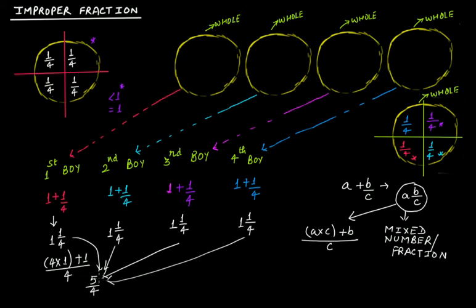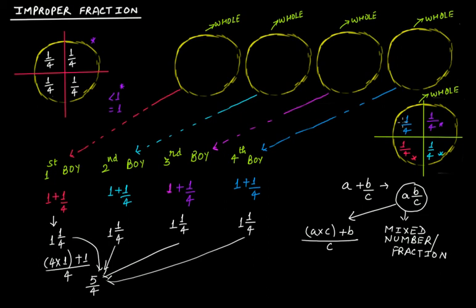Now what does 5 by 4 pizza actually mean? It tells you that one whole pizza plus 1/4 of that pizza, one whole plus 1/4, one whole plus 1/4 pizza.